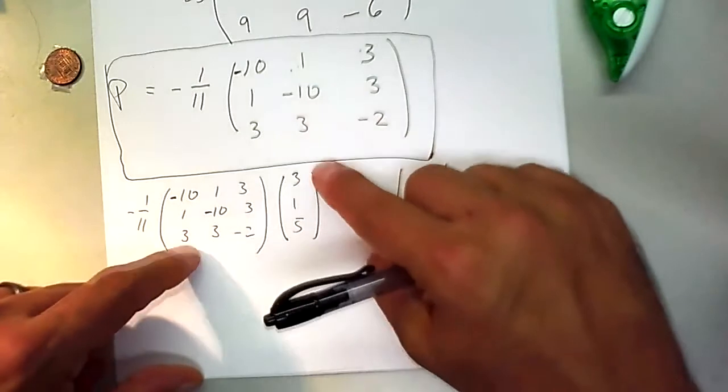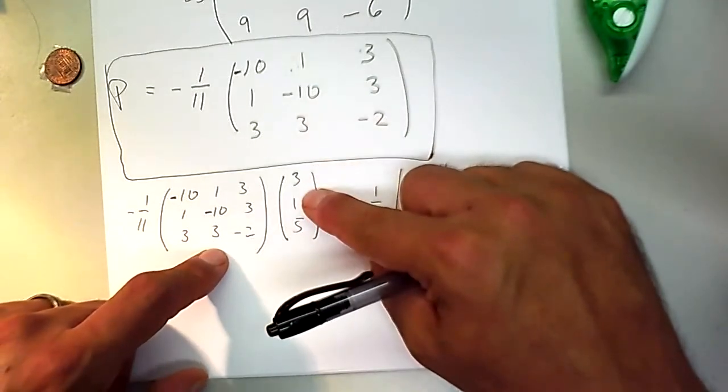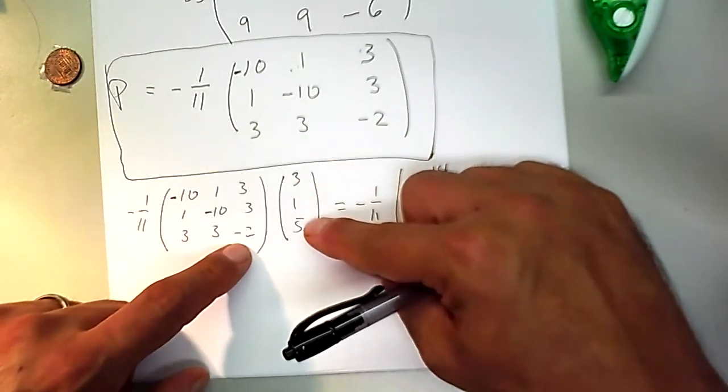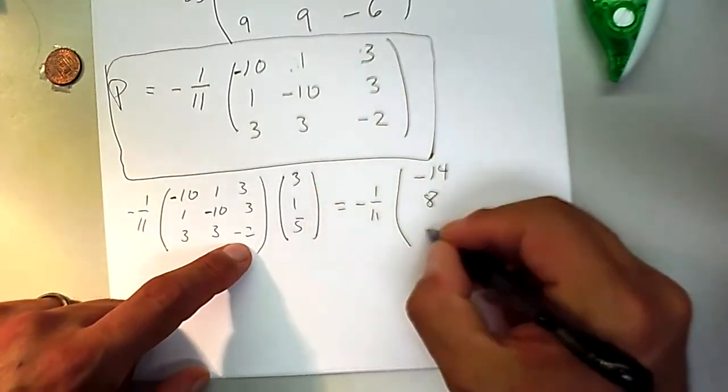Yeah, that's another 3. So 9 plus 3 is 12, minus 10, 2.